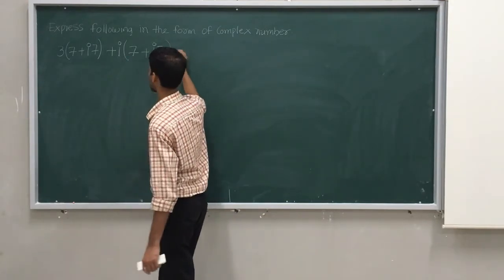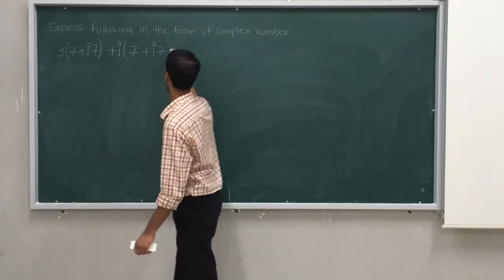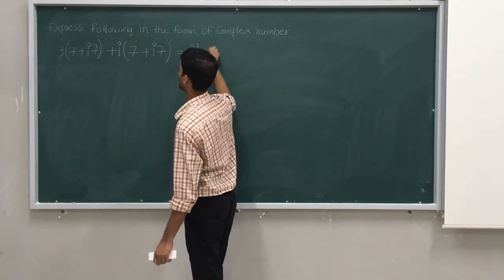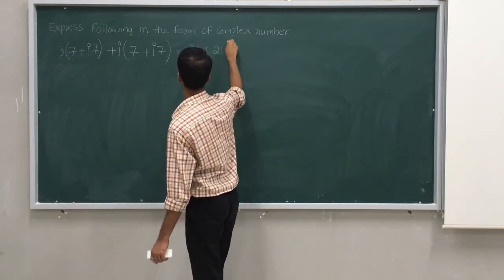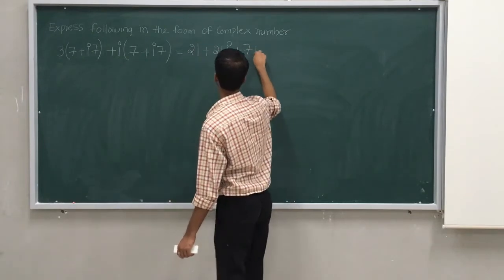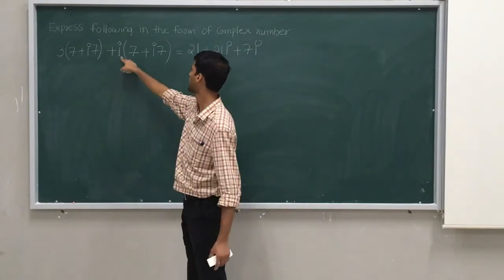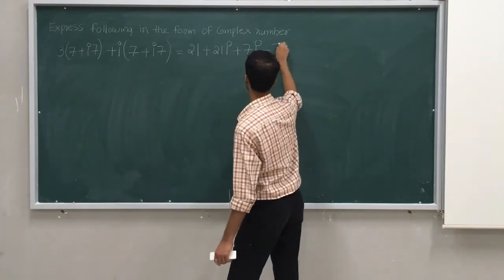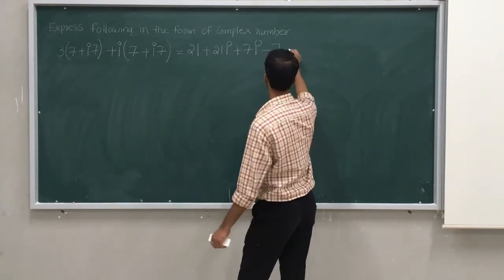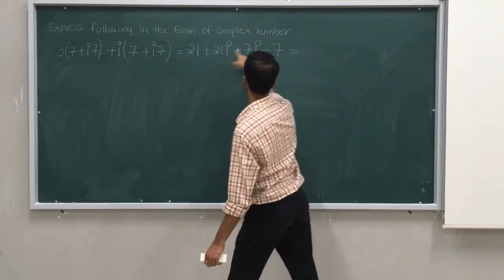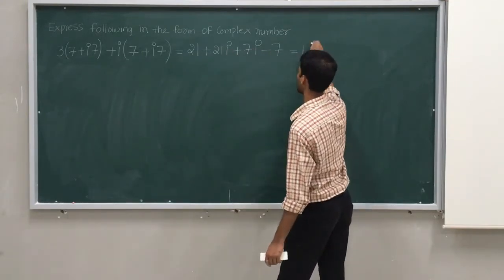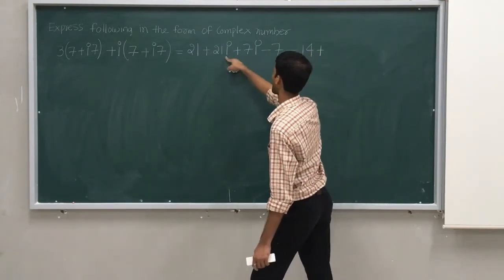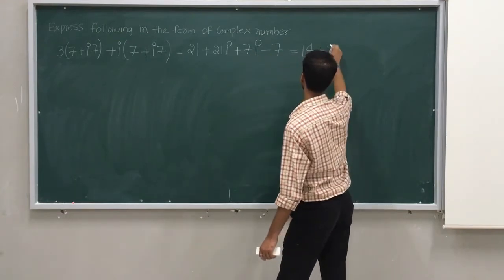So for simplification, I will multiply: 3 sevens are 21, then again 21i, then 7i, then i into i is i square, which is minus 1, so it is minus 7. When you simplify it, 21 minus 7 is 14, plus 21i plus 7i, i is common, it is 28i.